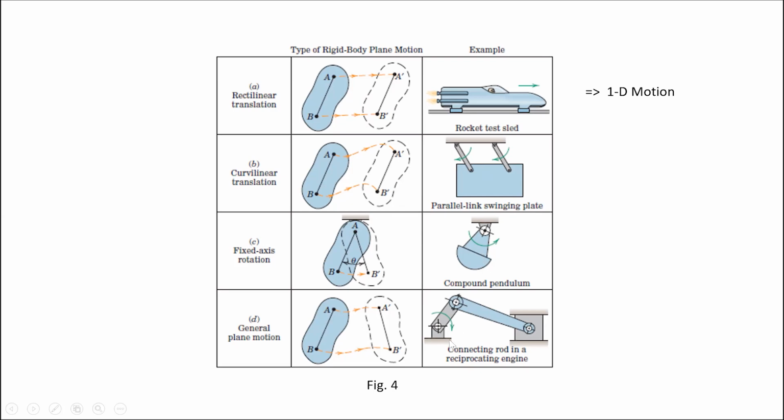On the other hand, in this example of a crank, a connecting rod and a piston, the crank is having a rotation about this point, whereas the piston is having a rectilinear translation, while the connecting rod here is neither pure translation nor pure rotation.